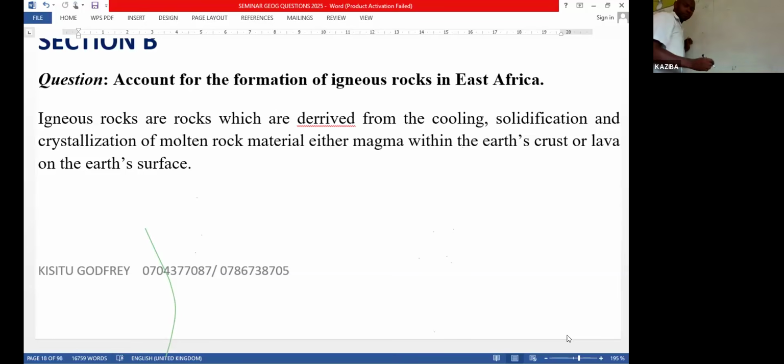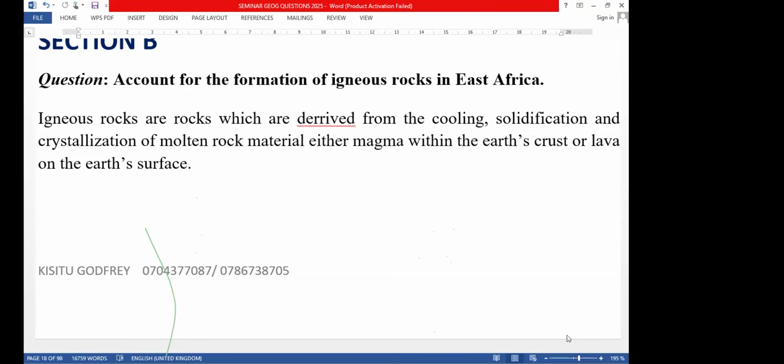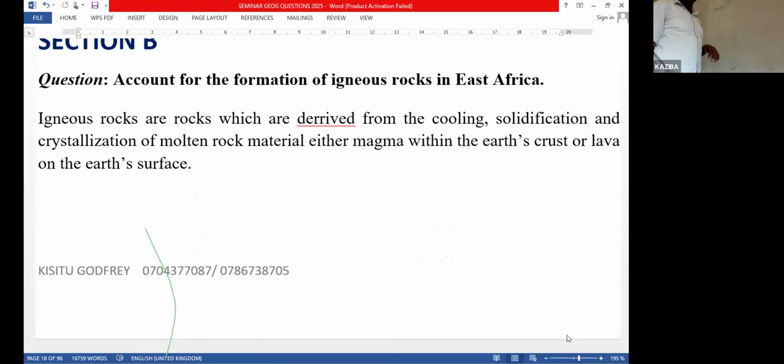So you begin by defining igneous rocks. You don't write a heading. Say, igneous rocks are fire formed rocks. Are you together?